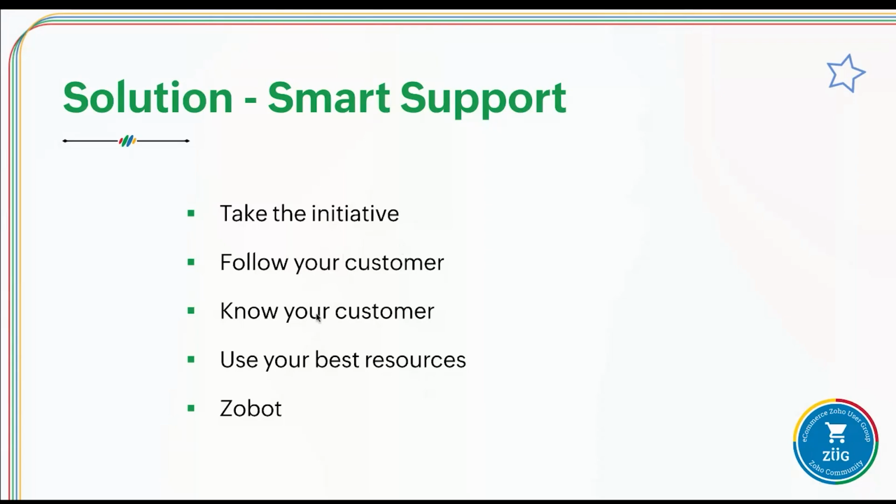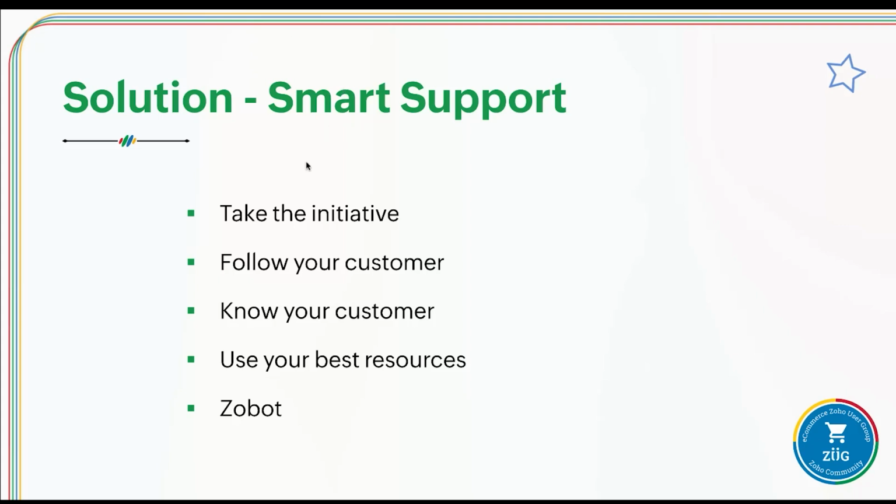If you know if your customer is a new customer or an old customer, use the best resources that you have to make sure that person doesn't take their business elsewhere, right? Instead of waiting for them to contact you, you take the initiative, send your best resource to them and solve their problem or help them close that deal, right?